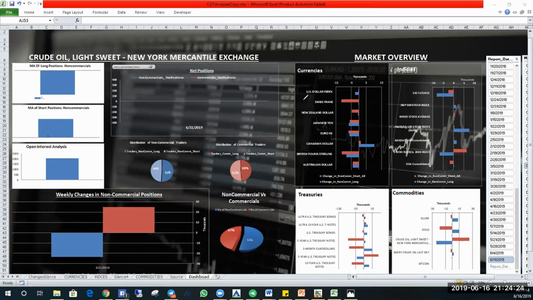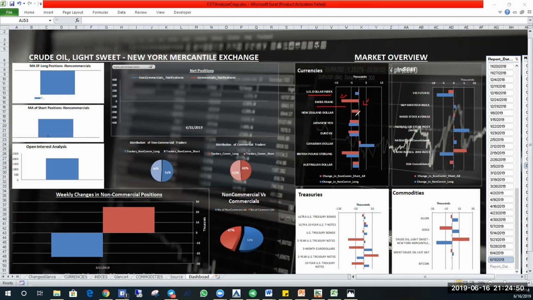All right, so quickly, the US dollar, we can see that they're actually taking off their longs, but not as much as they're taking their shorts off the table. So they're reducing their long position in terms of the US dollar. Okay, for the Swiss franc, a lot of shorts are being taken off the table, just significant.